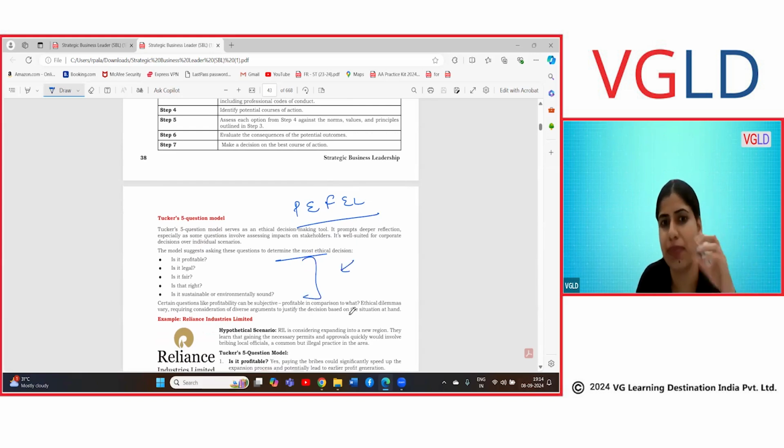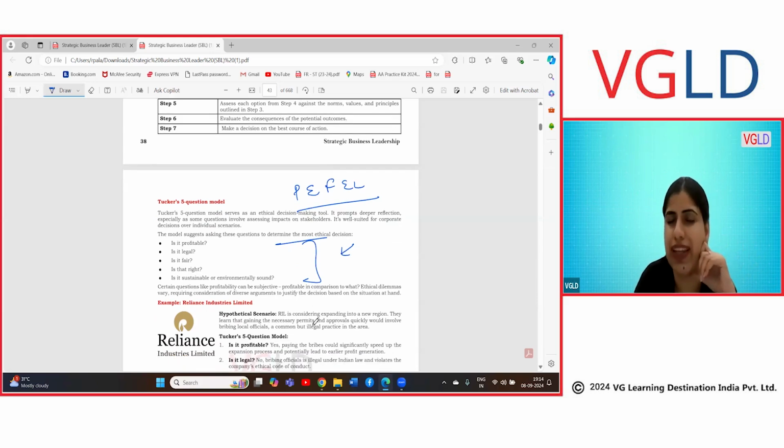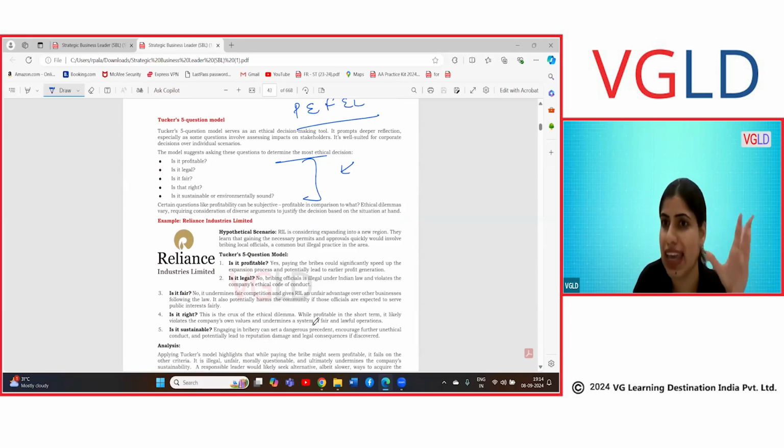Now consider a hypothetical situation. From the PEFL area, in the past, I have seen 7 to 8 scenarios. Not a full-fledged question, but a part of a question. So one hypothetical scenario is in front of you: RIL is considering expanding into a new region.